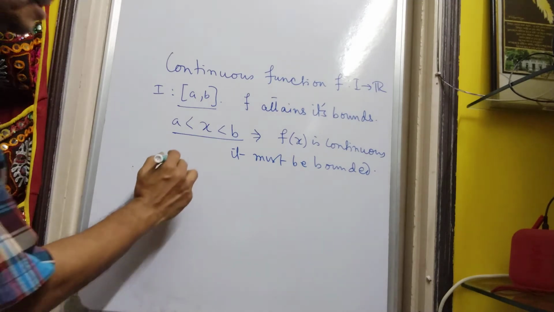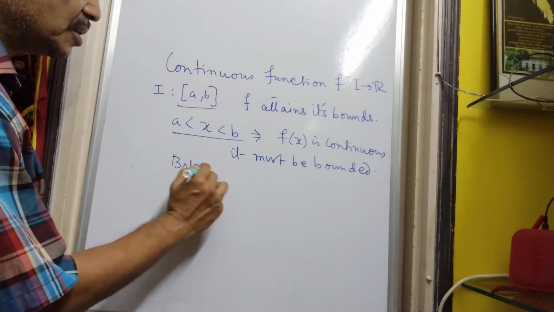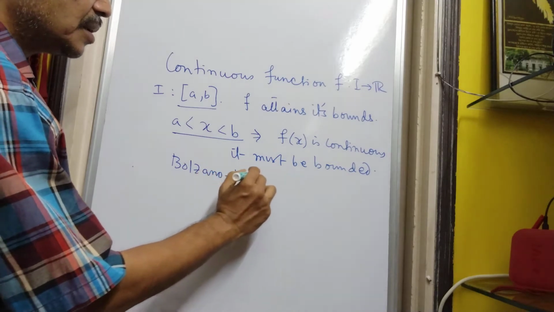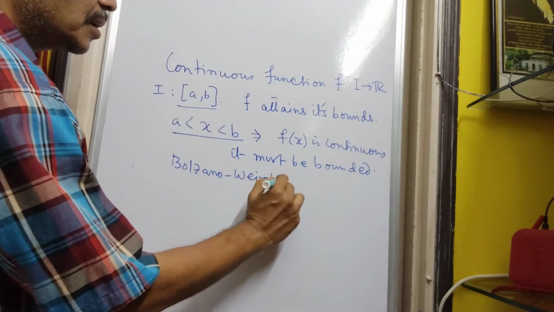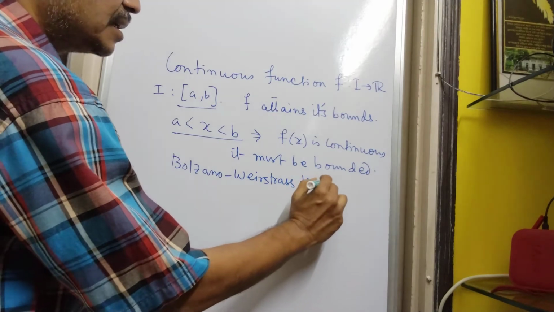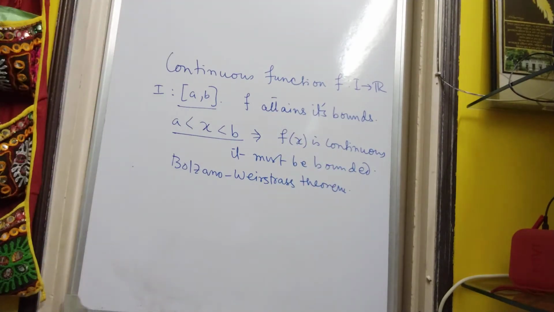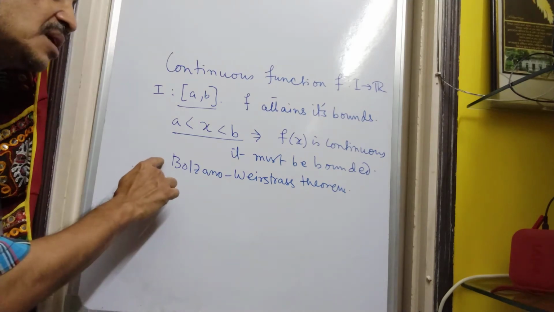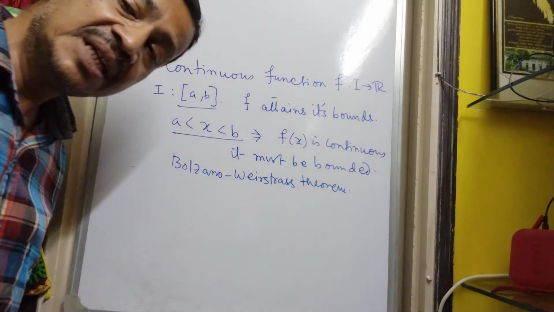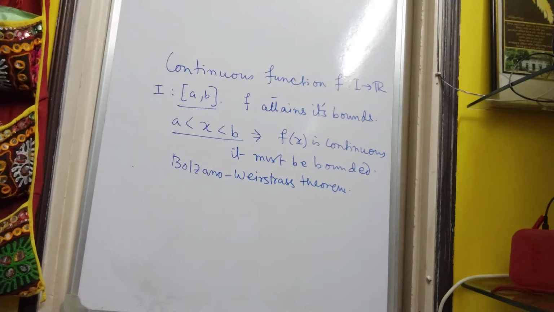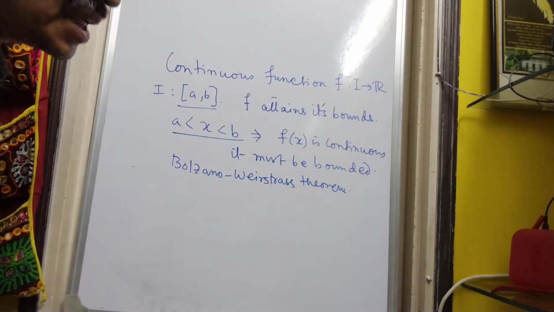and we have the famous Bolzano-Weierstrass theorem, which states that... this is a very crucial theorem. I'd like to highlight the power of this theorem and how much it is being used to unravel the different properties of continuous functions over a real line.